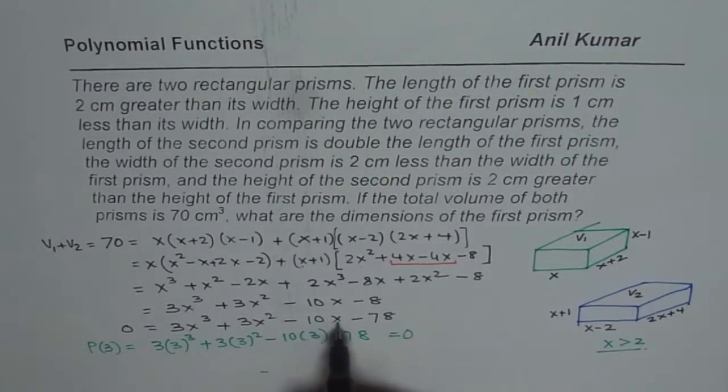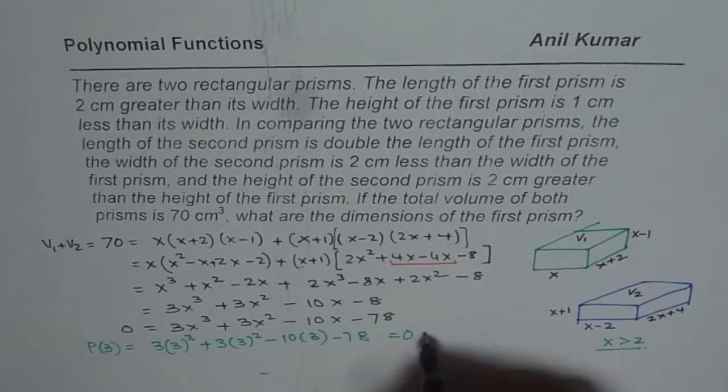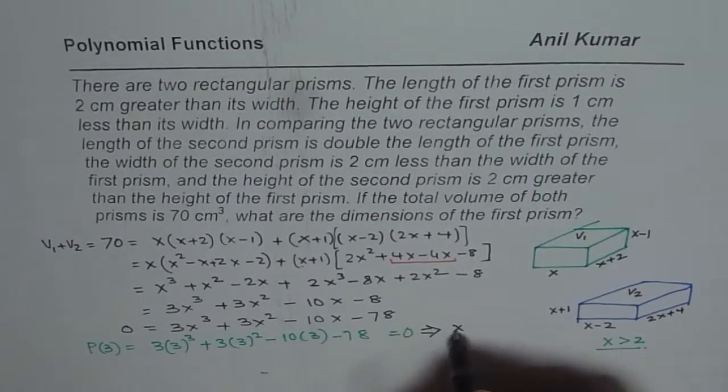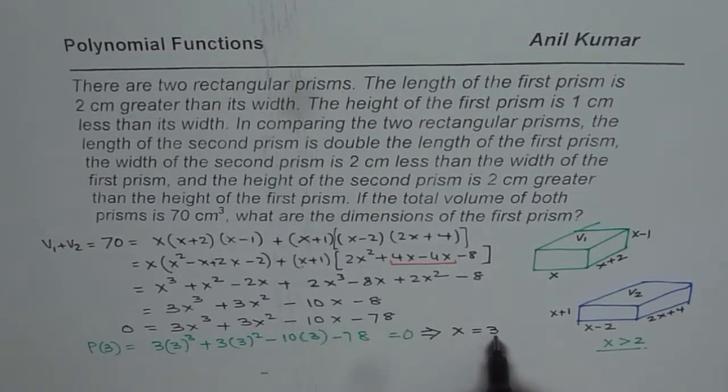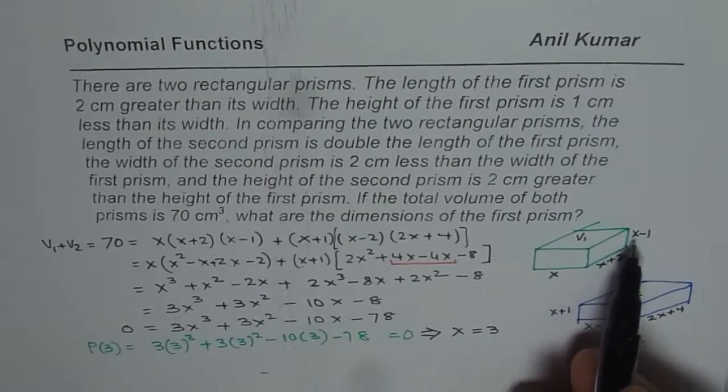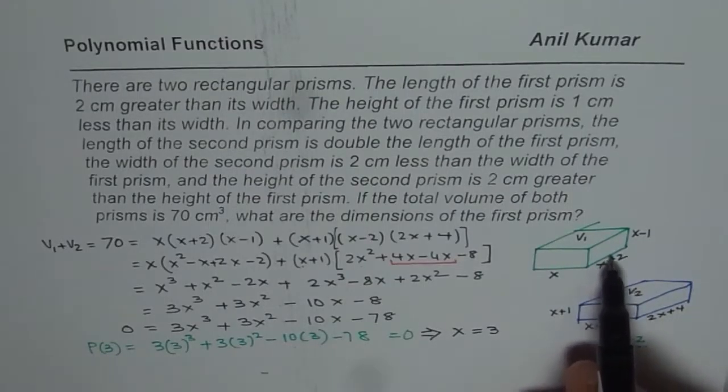So that is 0. So it indicates that 3 is a factor. Since 3 is a factor, x equals 3 is our solution, right? So this implies that x equals 3 is our solution. Now if x equals 3, we can substitute the value here and find the dimensions of the first box.